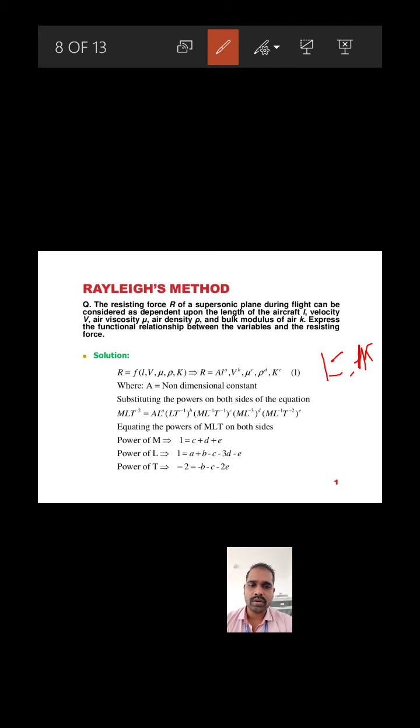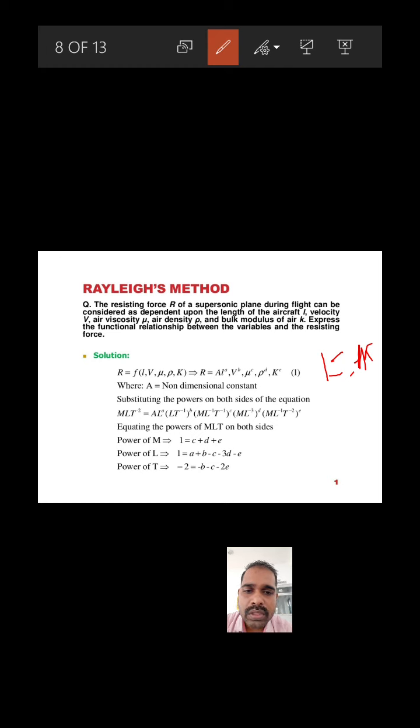So pi is also good. You bring one bracket, so here it is L power a, V power b, mu power c, rho power d, K power e, right? So this is how the given equation is formed in exponential form.